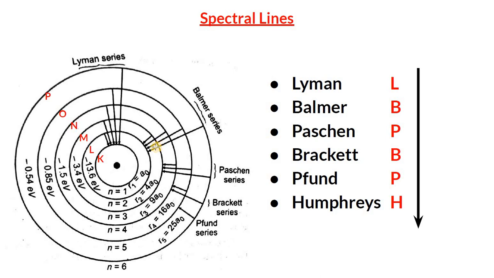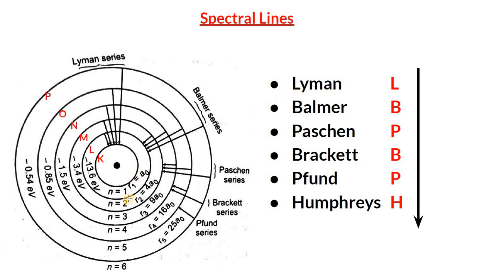When an electron comes from any other orbit to n equals 1, I get the Lyman series. Even if the electron goes from n equals 1 to another level, I can tell this in the opposite way, and that will be absorption of energy. But in general, when an electron comes to n equals 1, I will get the Lyman series.